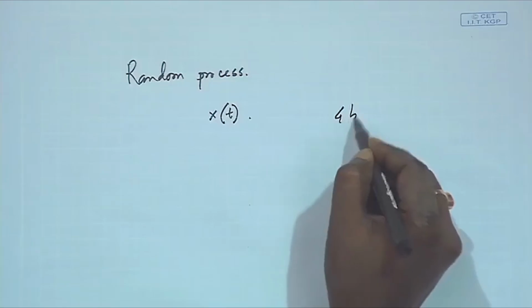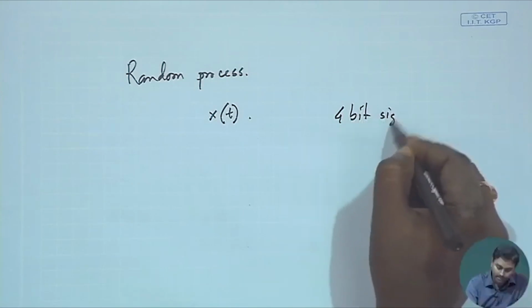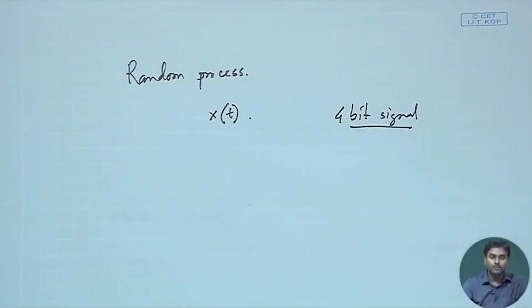So, I will give you one very simple example, probably that will take out the doubt from you. So, let us say we have a 4-bit signal which is being transmitted. Now, I know that it is 4-bit, each bit of duration t, okay. So, t might be anything, it might be 1 second, 1 millisecond, 1 microsecond, whatever it is, we are not bothered about that, but it is just a 4-bit representation.